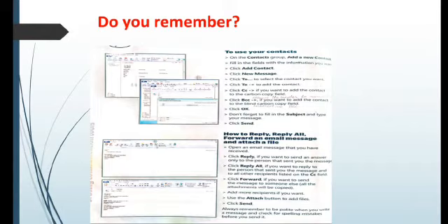CC allows the sender to show the people to whom we are sending our email, and BCC, blind carbon copy, is used when we want to share an email with many people, just like a teacher sends an email to their students, then they use BCC.